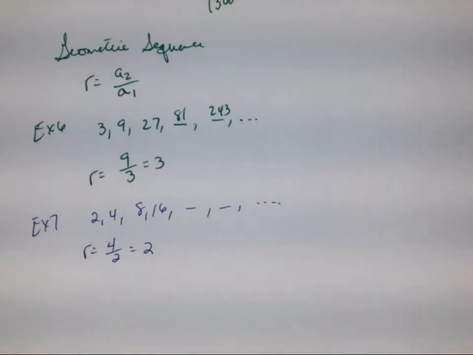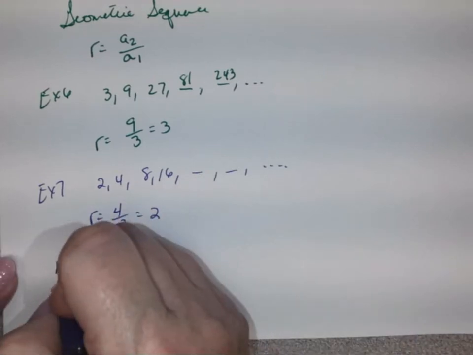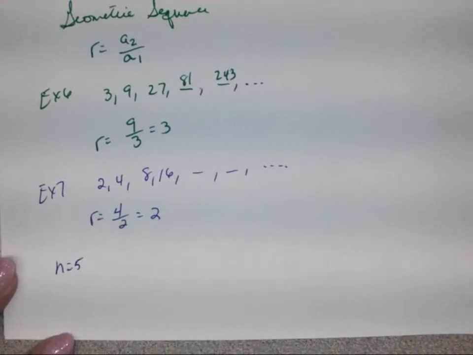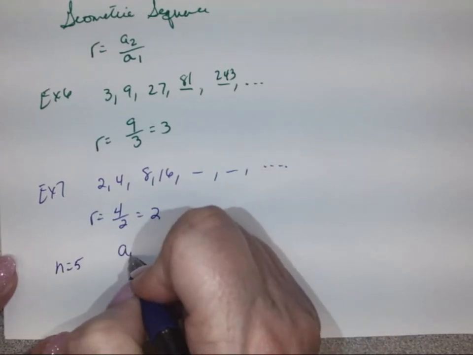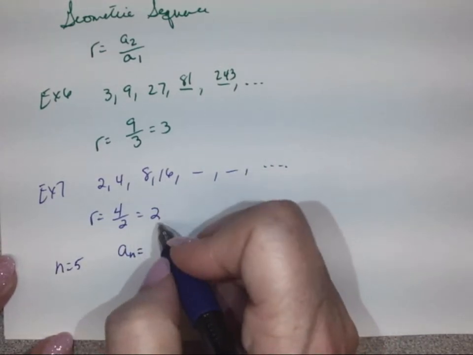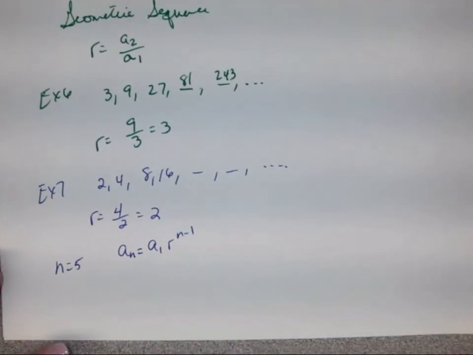So on here, let's say we want to find the fifth term. So we want to find n equals 5. Our formula, once again, is a sub n equals a sub 1 times r to the n minus 1.